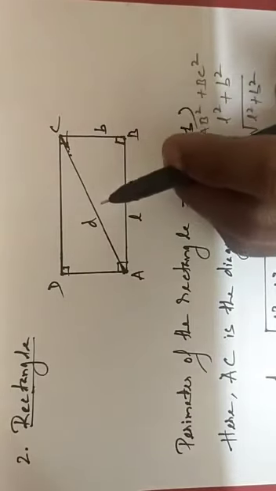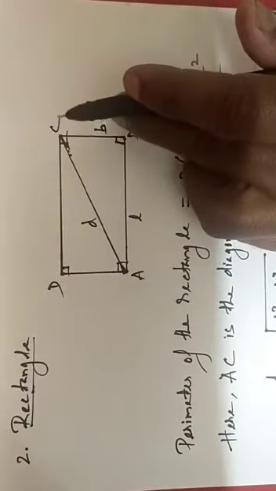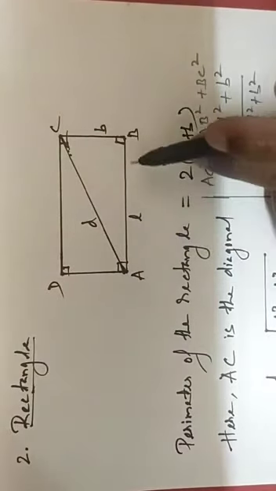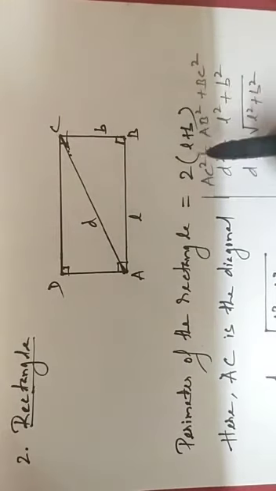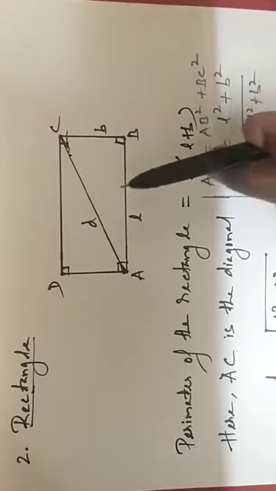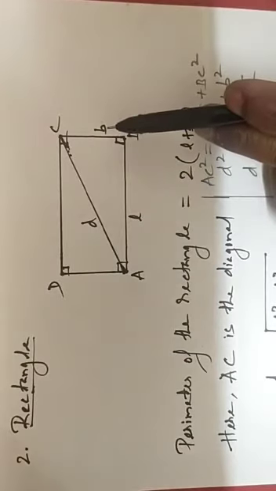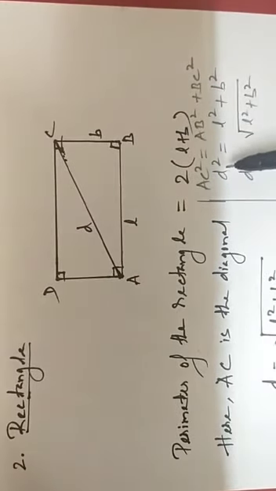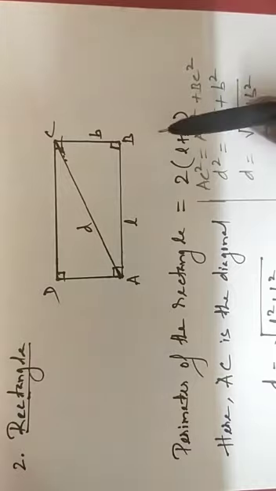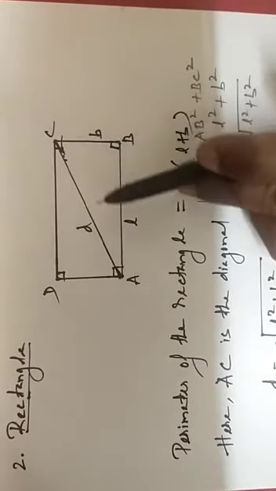So AC square is equal to AB square plus BC square. Here AC is D, so D square is equal to L square plus B square. Removing the square, I put the root over here, so D is equal to root over of L square plus B square. In this way we can find the diagonal of the rectangle.